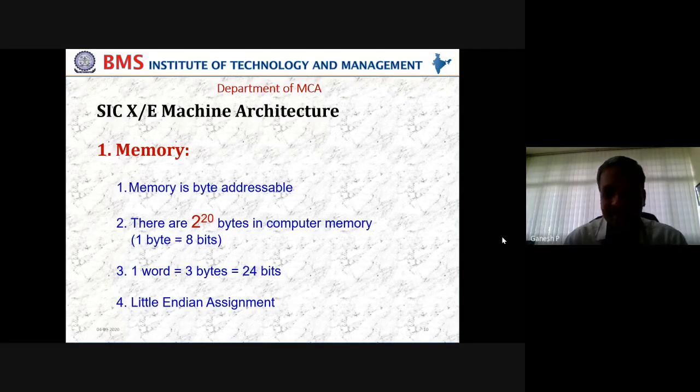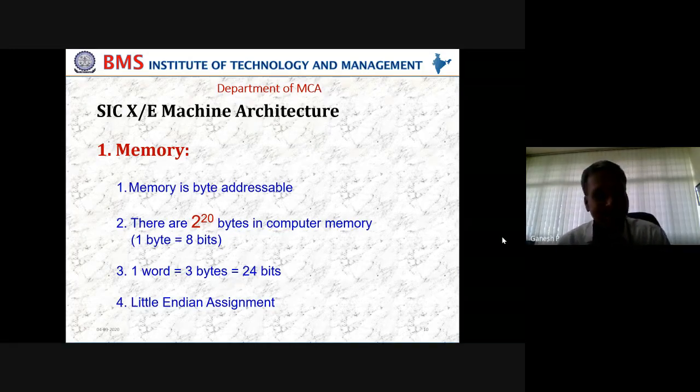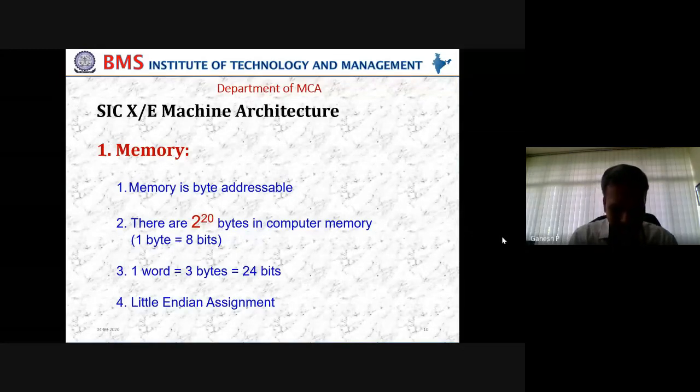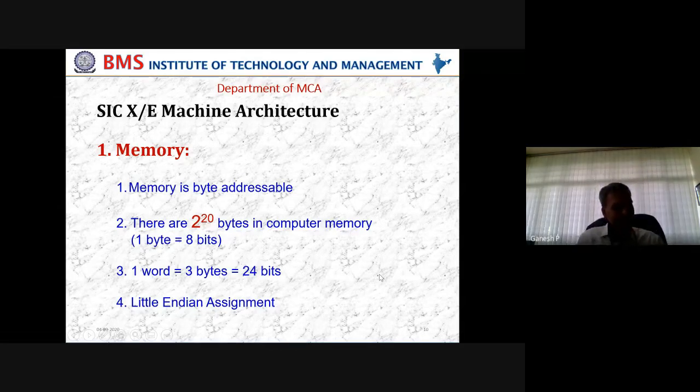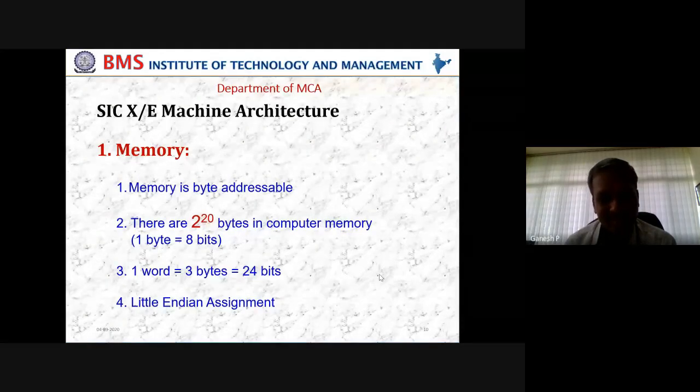The only difference is the bandwidth, the number of addresses, the length of memory. That itself is a big difference between SIC and SIC XE. SIC had 2 power 15, which means 32K. What is 2 power 20 here? What is the meaning of 2 power 20 in terms of K, M, G, P, T, Z?